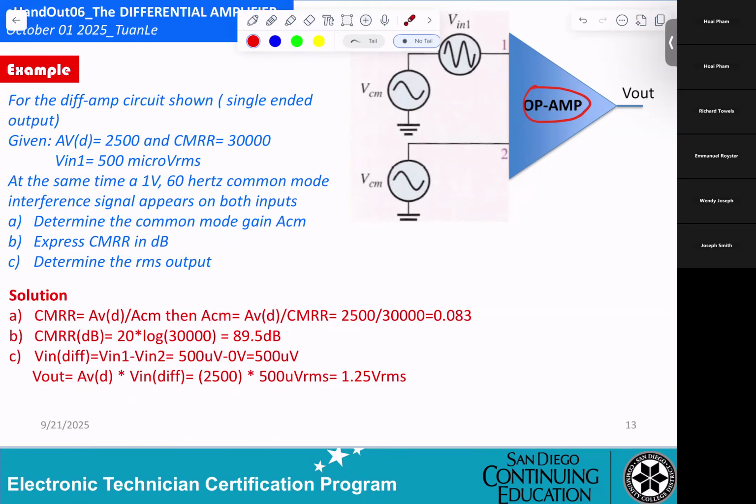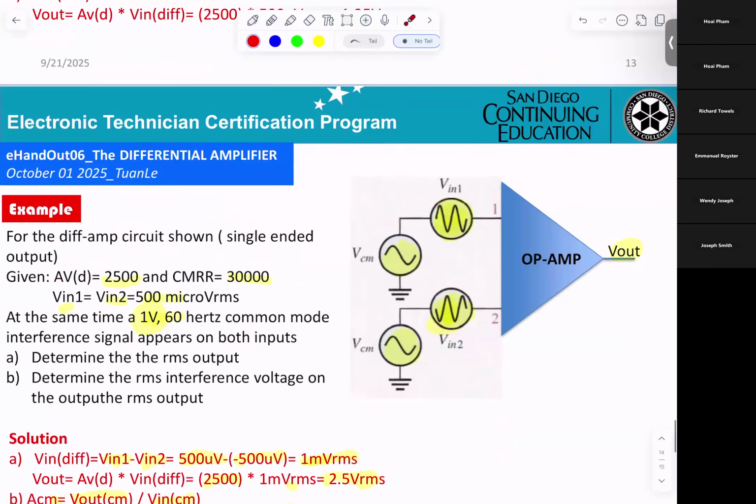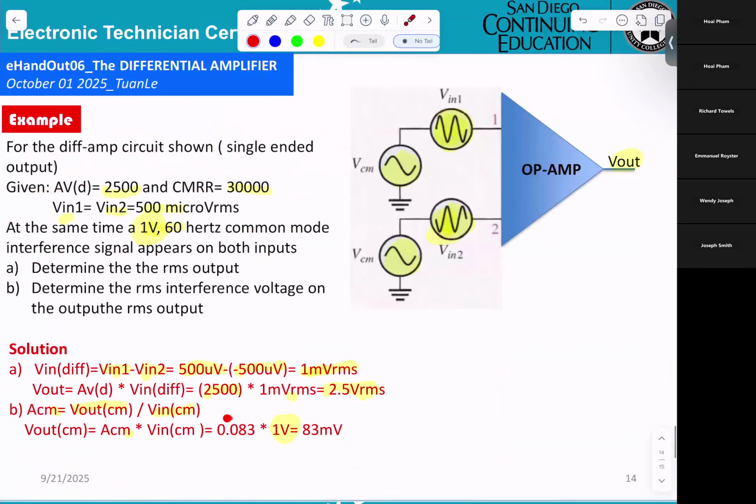That means you need to calculate ACM: AV divided by CMRR, 0.083. So that's why in here they gave you 0.1083.